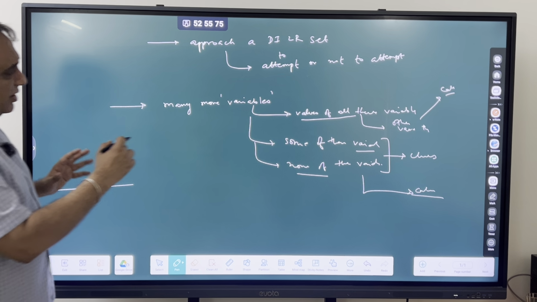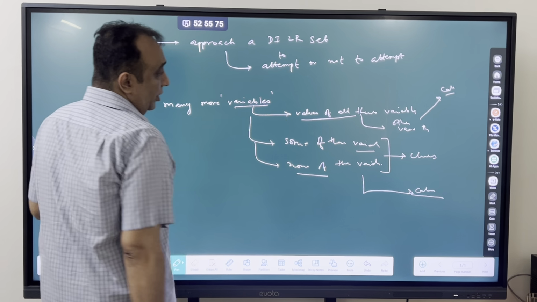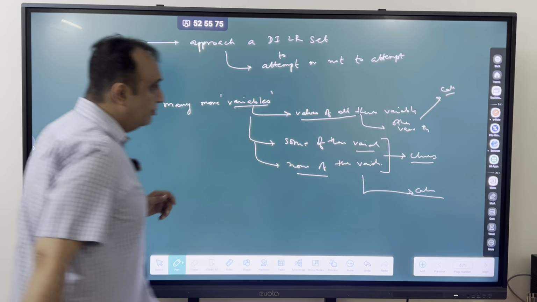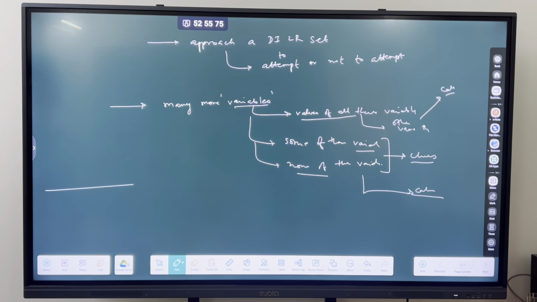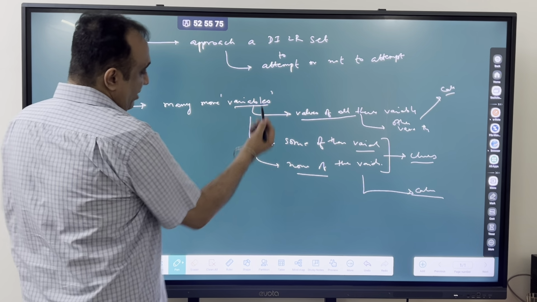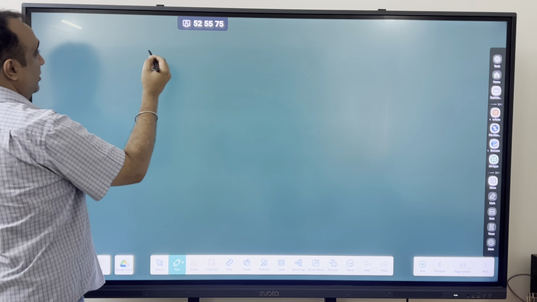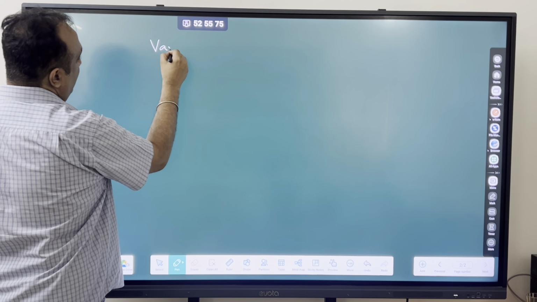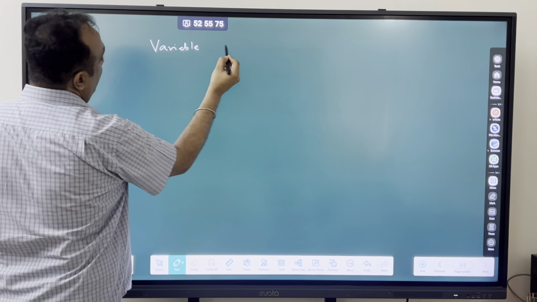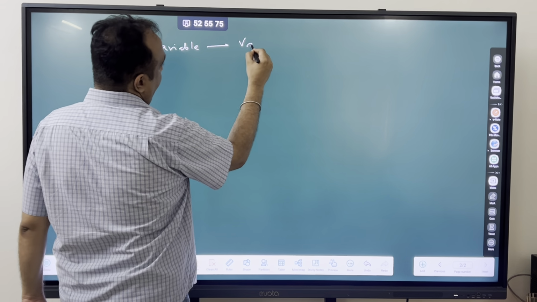So what are these variables that we're talking about? What are the clues that we're talking about? I'll give you a brief introduction about these things before I go about solving these questions. Let's focus on what I mean by variables. When I talk about variables, I talk about something called the variable space.